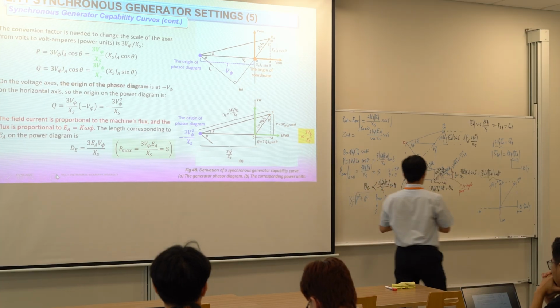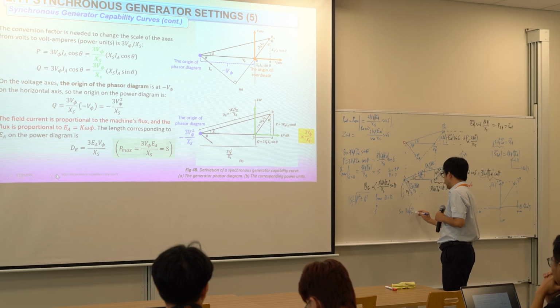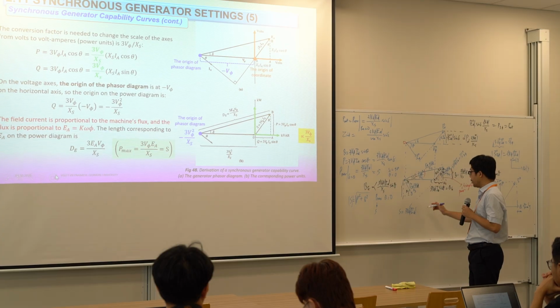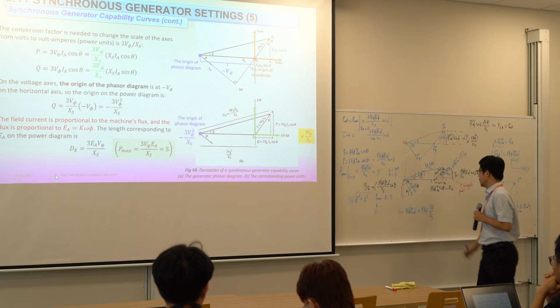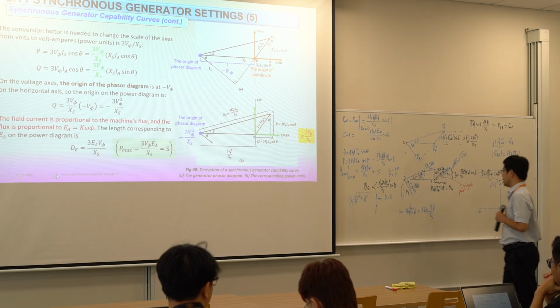Or you can modify a little bit. S is 3 phase V over IA, right? So if we modify, 3 is V phase and IA is V phase over XS, EA over XS.